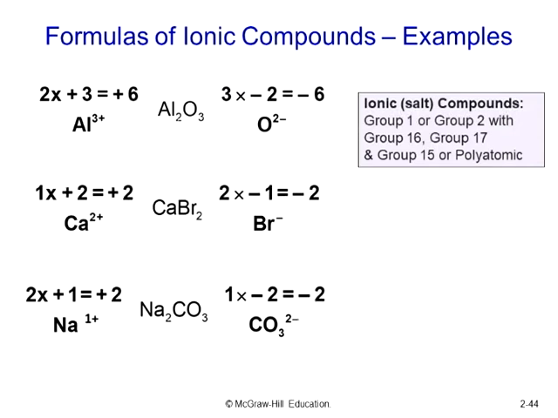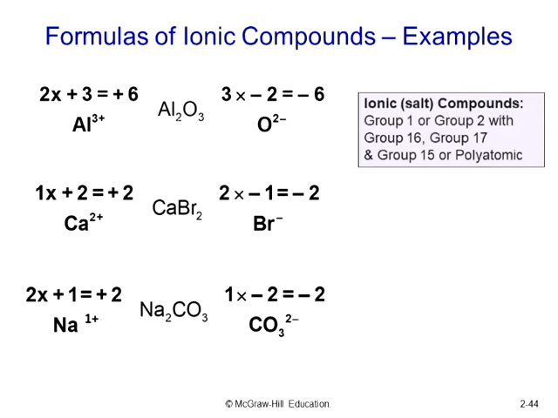Example of combining aluminum +3, which means it lost 3 electrons, with oxygen -2, which means it gained 2 electrons. We crisscross the charges for Al2O3, and we can check the math for the charge balance, +6, -6.